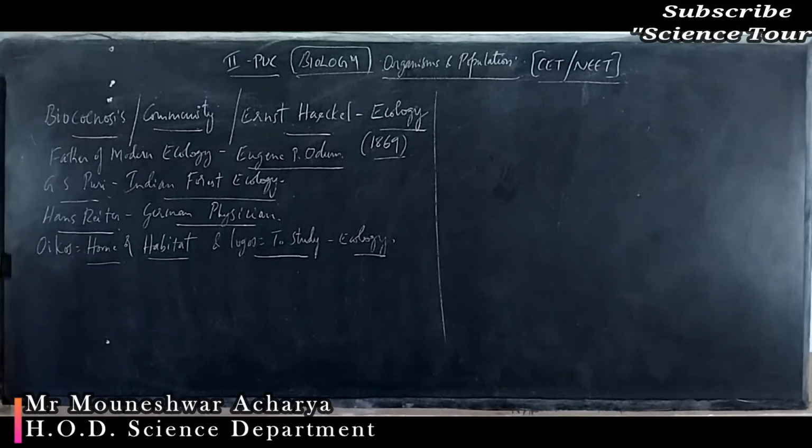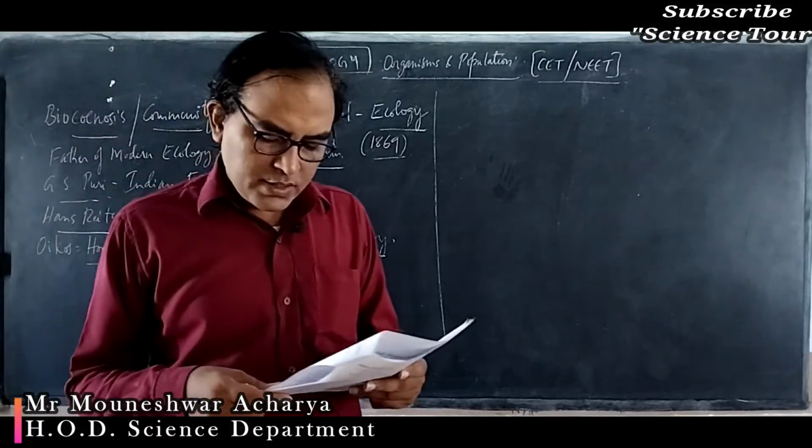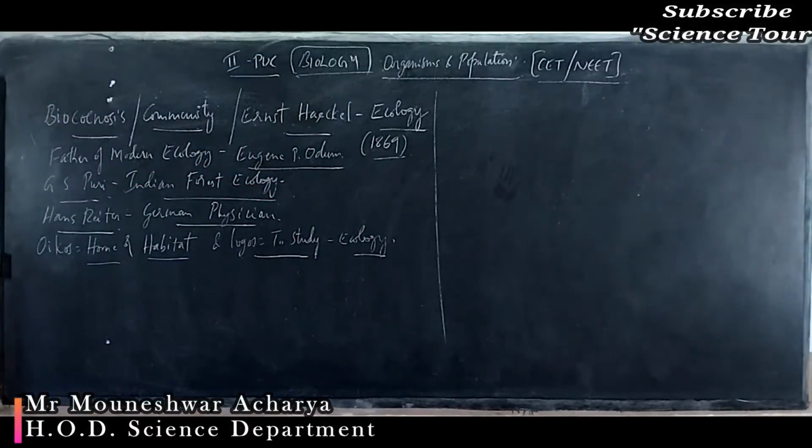Savanna vegetation can be found in the African continent. Then there is one more, the fourth option: chaparral. The chaparral biome is a Mediterranean forest, woodland and shrub.